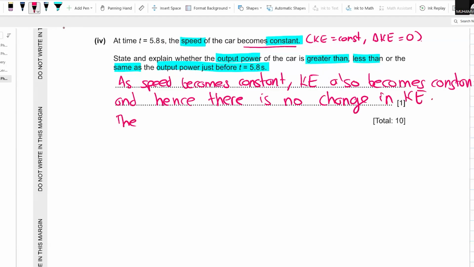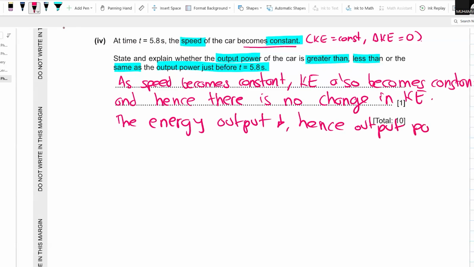The power or the energy output decreases, hence output power decreases. Simple, nothing complicated here.